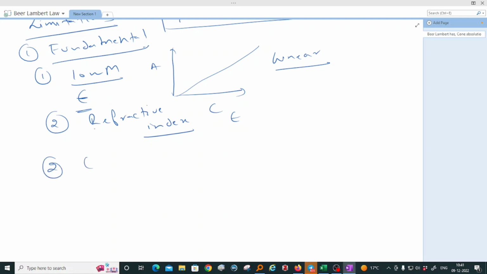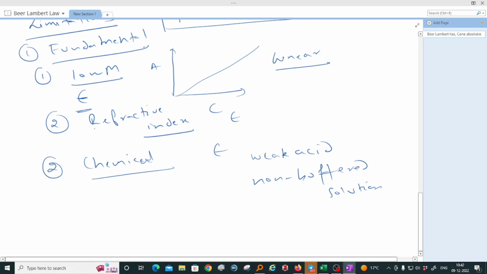The second is the chemical limitation. If the analyte is undergoing association and dissociation, that is, the identity of the analyte is getting lost, you will have a change in the value of epsilon, and again the linearity of the Beer Lambert Law gets disturbed. Or if there is ionization of a weak acid in a non-buffered solution, then also the value of epsilon will change, because the analyte and its ion have different molar absorptivity.